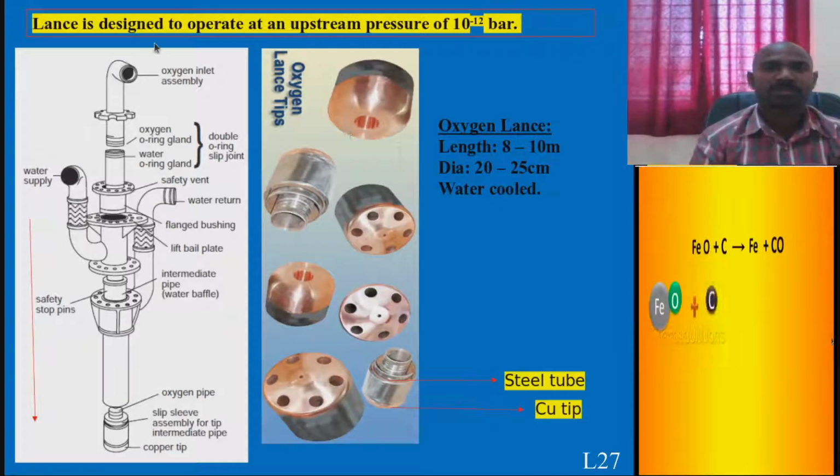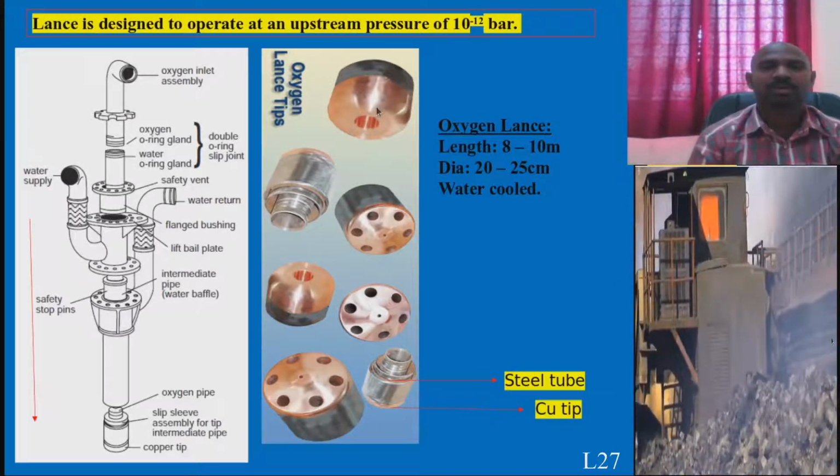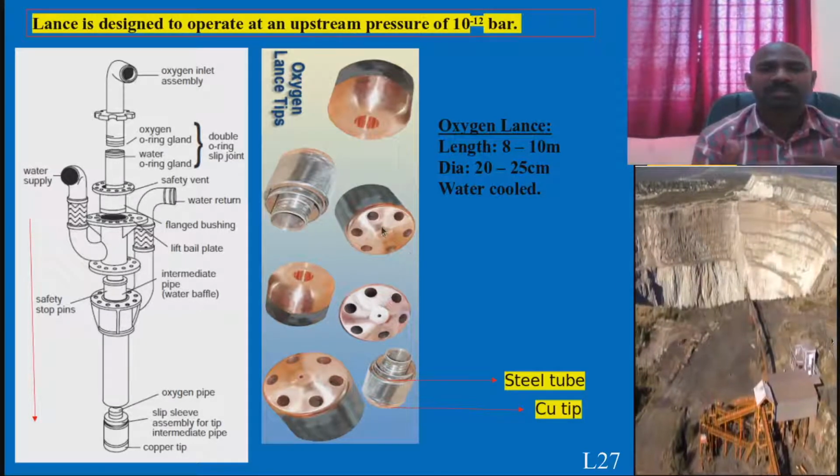This is basically the design of the oxygen lance, which is maintained at an upstream pressure of around 10 to 12 bar. These are a few tips. It could be a single nozzle tip or a multi nozzle tip.